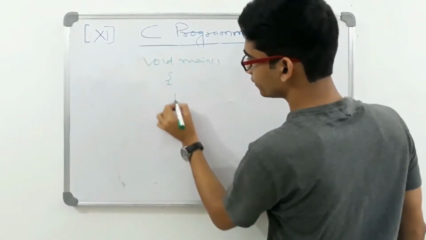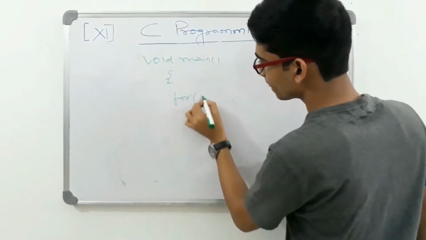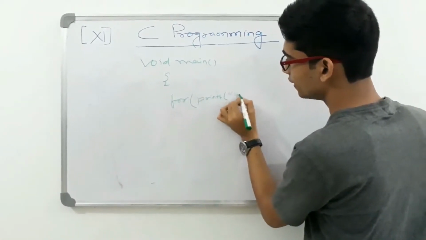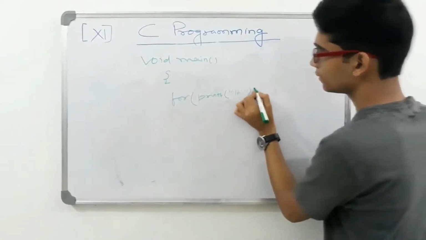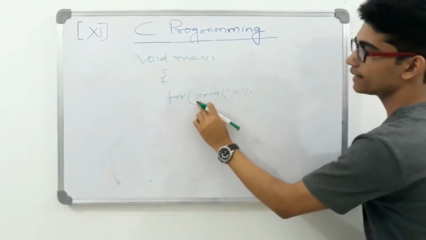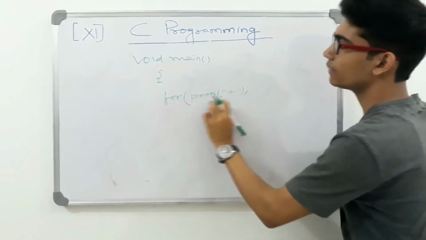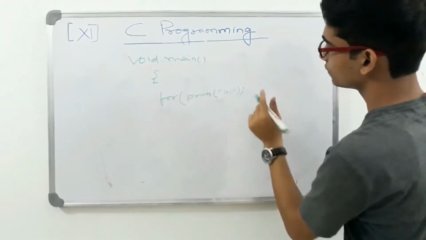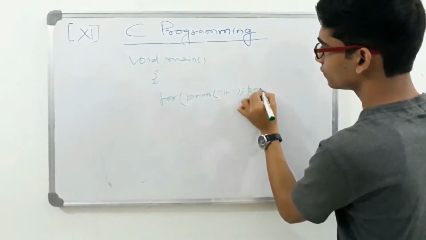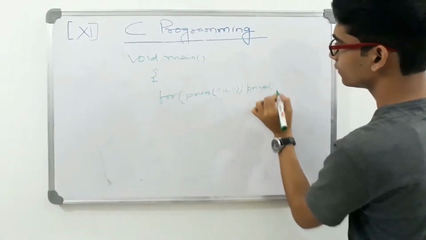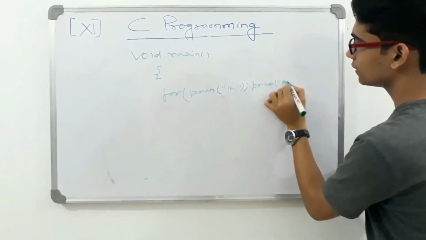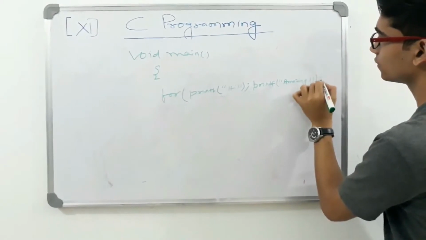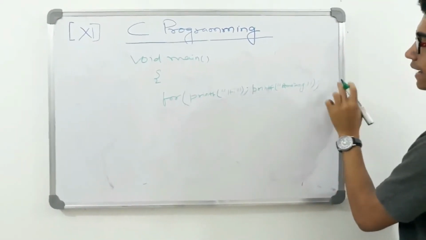See, I write for, printf hi. In the initialization part, I wrote a valid expression, a valid statement, and then I write printf amazing. And I have left this part blank.